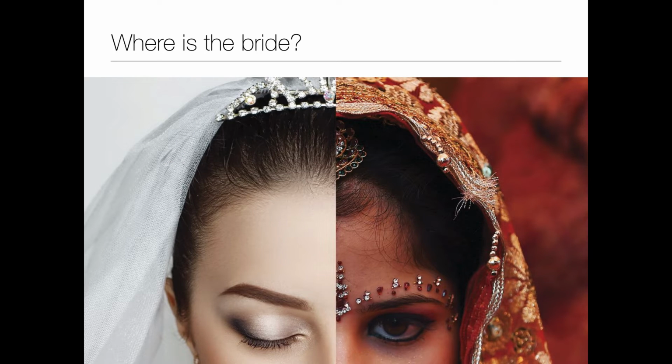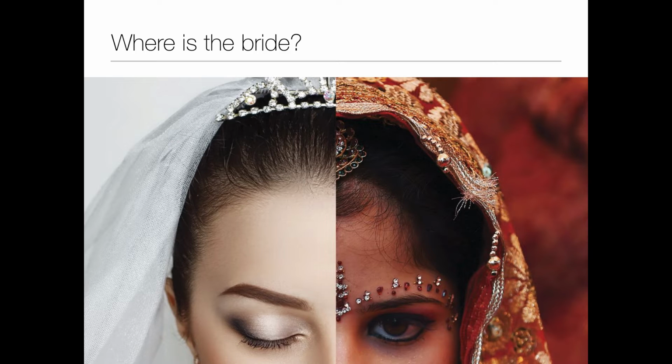Okay. Can you tell me where is the bride in this image? How many say right? So 3 options. Right, left, both. How many say right? How many say left? How many say both? Okay. But do you know the right answer as predicted by many of the technologies or algorithms?